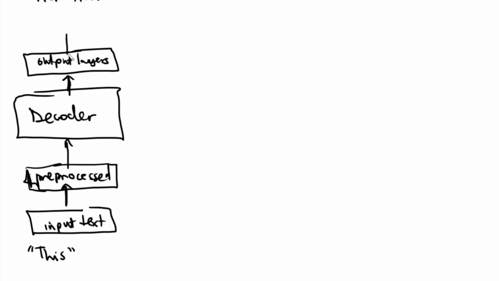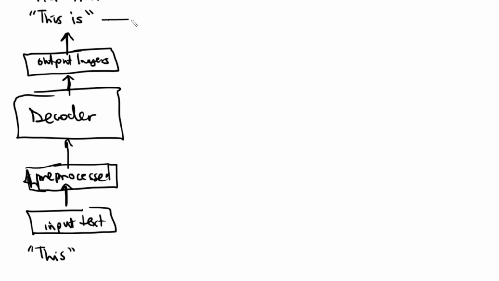After the output layers, it then outputs a result. So the result could be something like this, and then it predicts the next word as "is". So it now becomes "this is". That is iteration number one done.